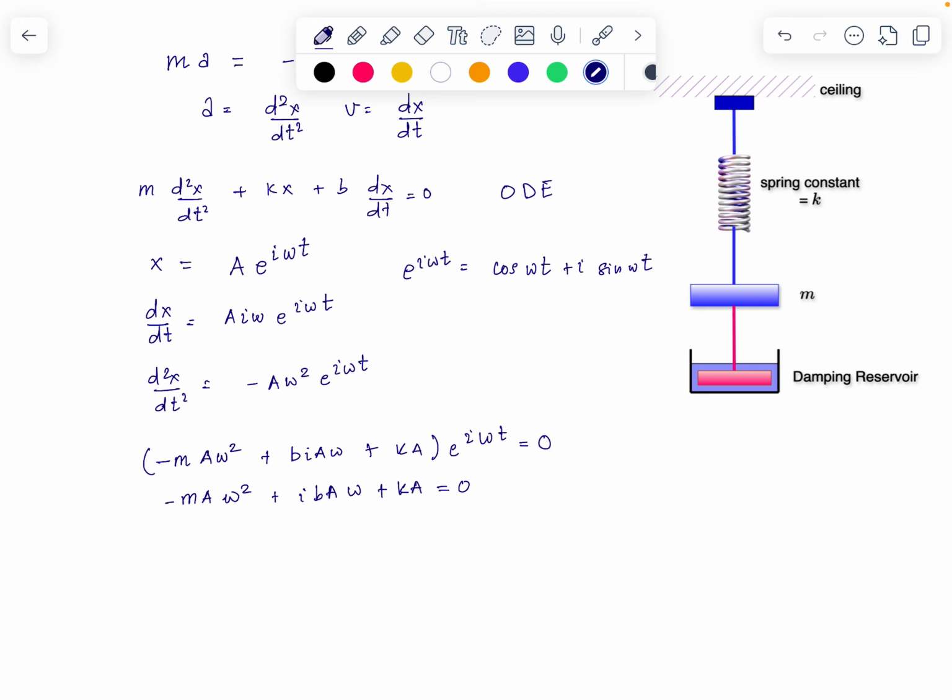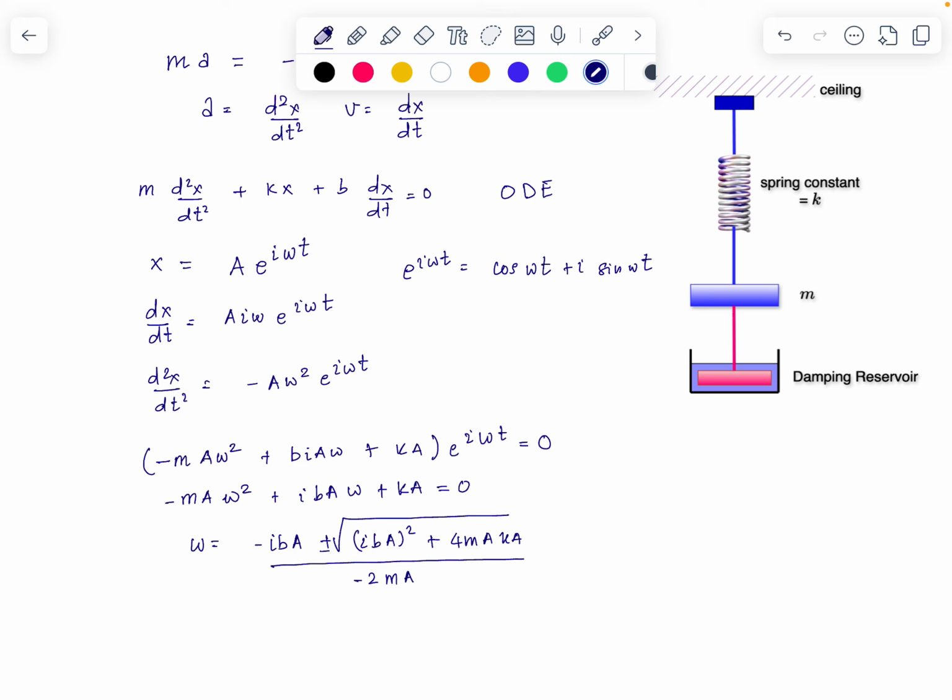When we solve for that, we get omega equals minus i b a plus or minus the square root of i b a square plus 4 m a k a, divided by negative 2 m a. This is how we find the roots of the quadratic equation.